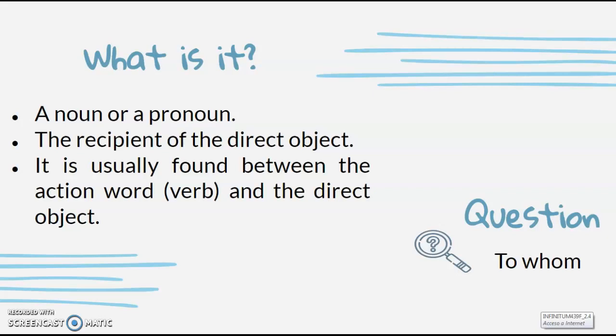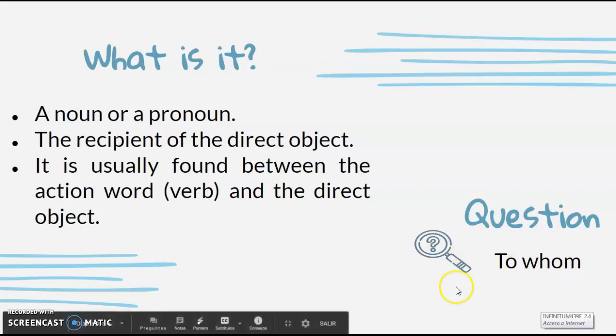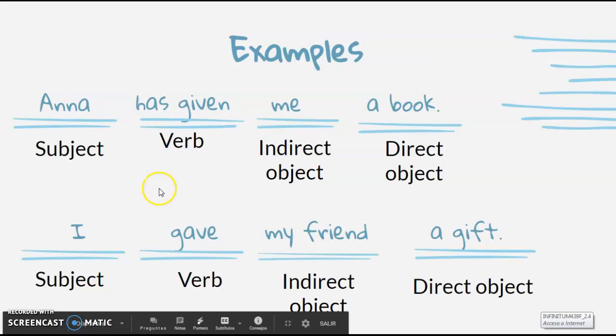It is the person or the object that receives the action that relates the verb and the direct object. That is why we usually find the indirect object between the verb, the action word, and the direct object. Which question would we ask? To whom?